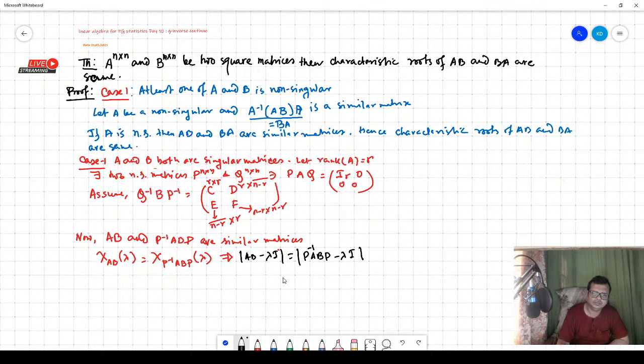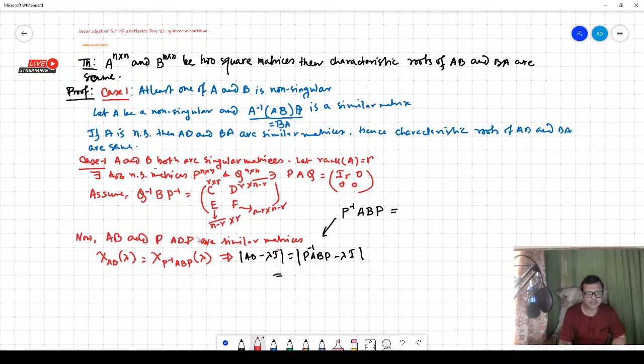One more thing I want to tell you. Since P is a non-singular matrix, P inverse is also non-singular.